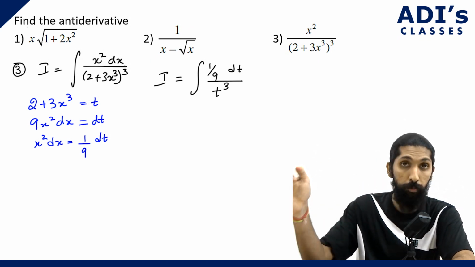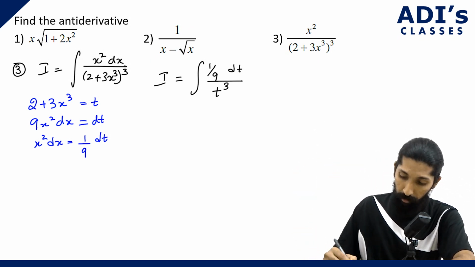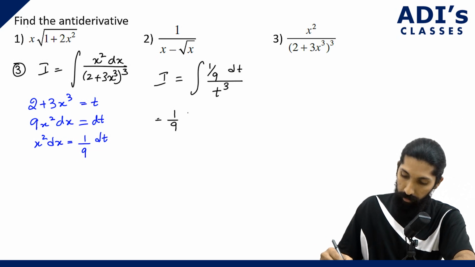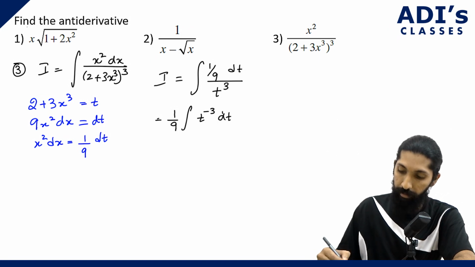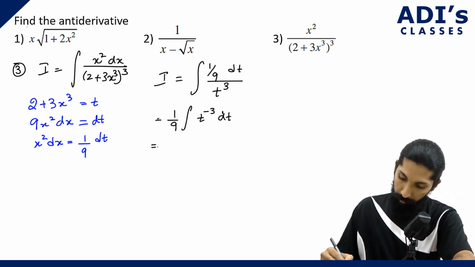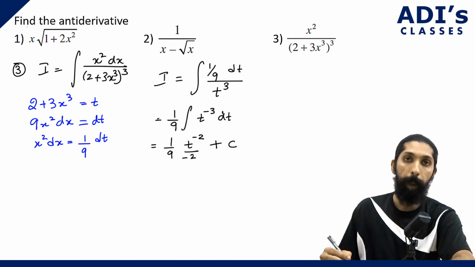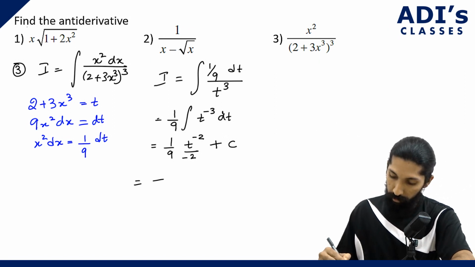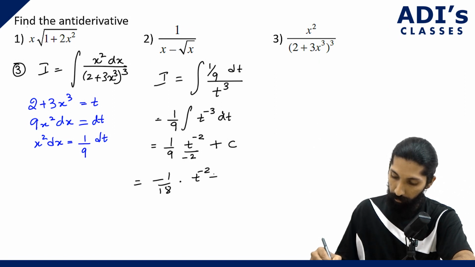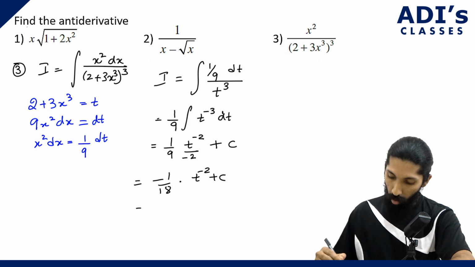So because there is a whole cube too, take the 1 by 9 outside. 1 by 9 integral of t power minus 3 dt. So 1 by 9 t power minus 2 by minus 2 plus c. So minus 1 by 18 into t power minus 2 plus c.